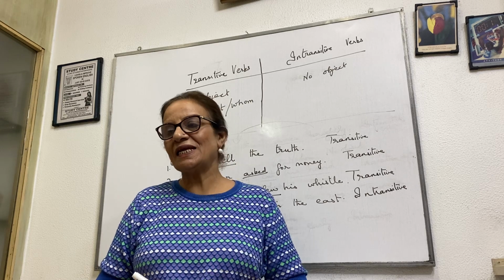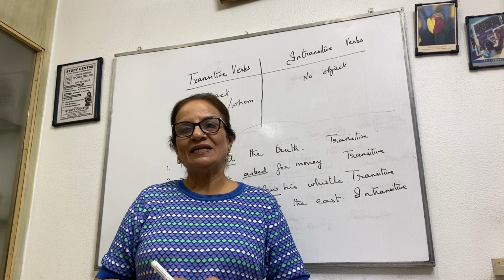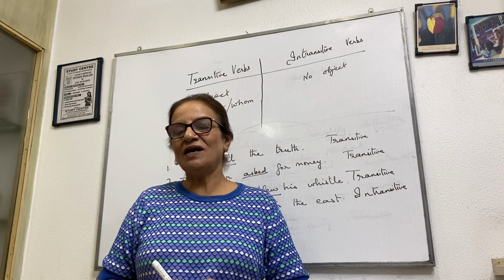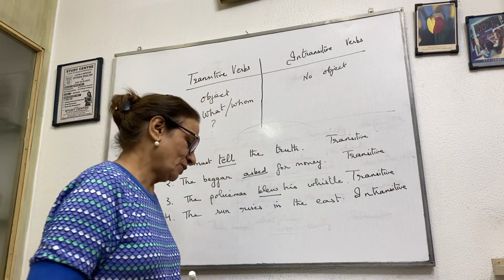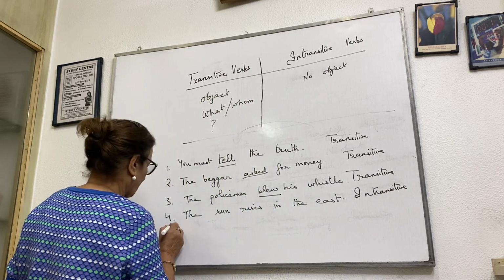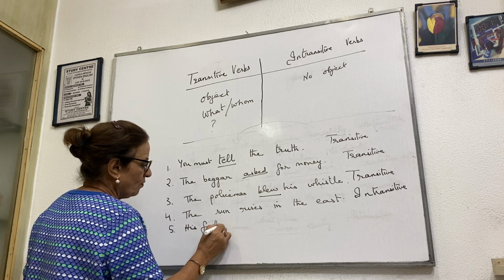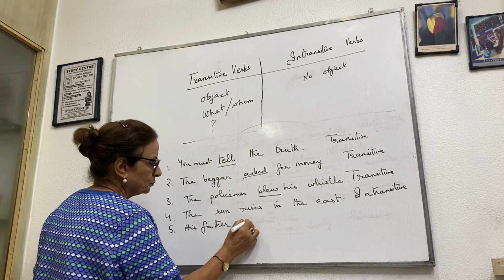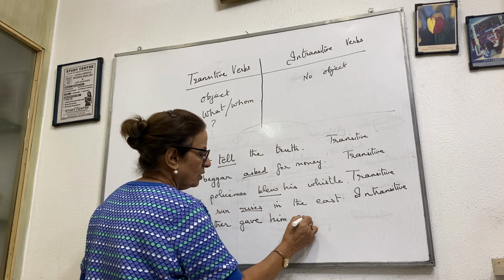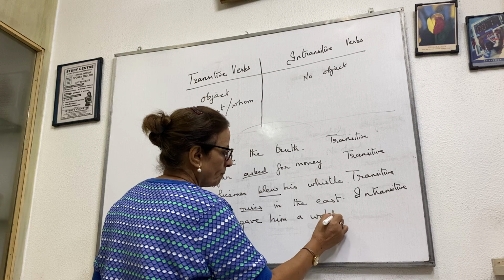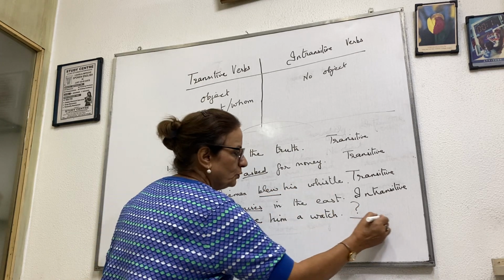So one sentence I'll give you for you to do, and you can write it in the comment box, and I will give you the reply and the answer if it is correct or not. His father gave him a watch. This is for you to find.